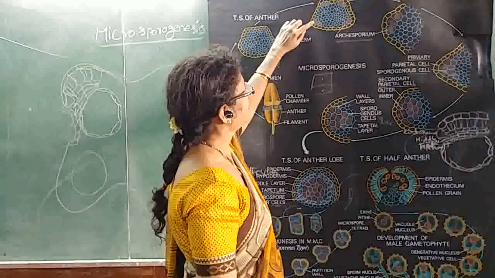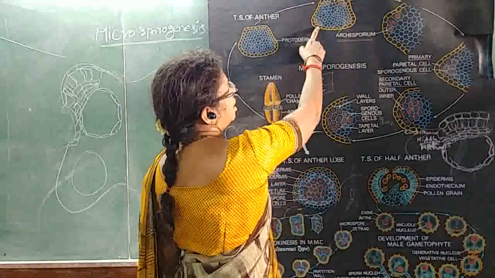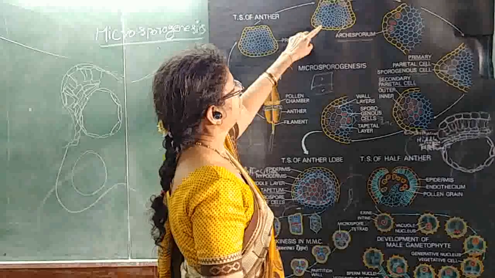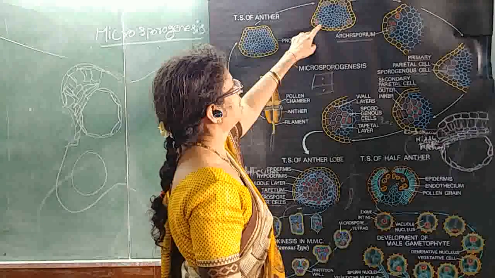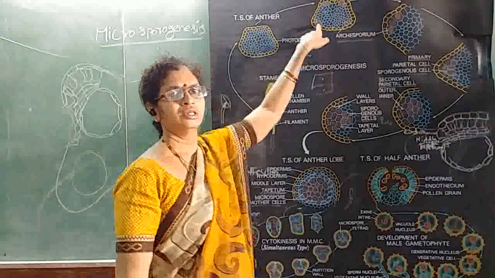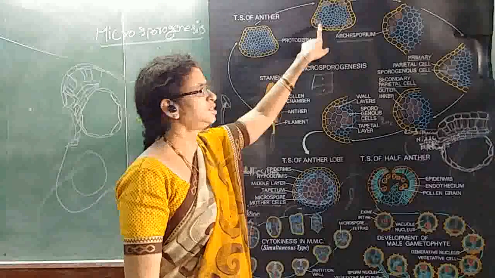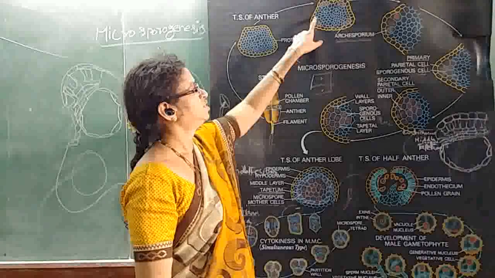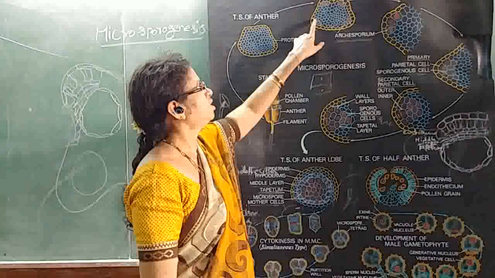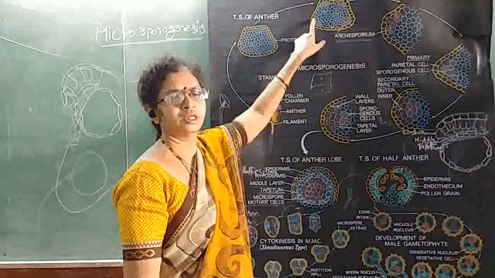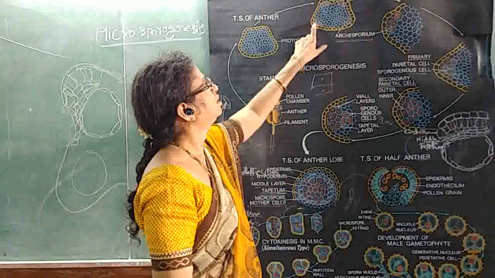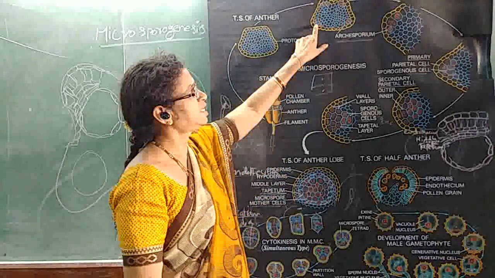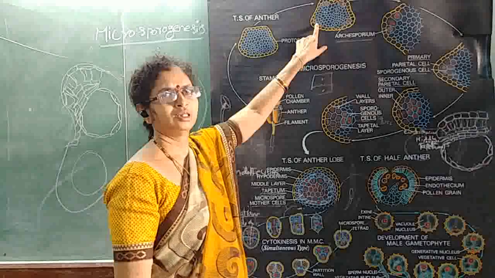These archisporial cells may be a group of vertical rows of cells. In TS, it shows like this, a plate-like structure. These are known as archisporial cells. In some cases, only a single vertical row of cells is present. In TS, only a single cell is differentiated.